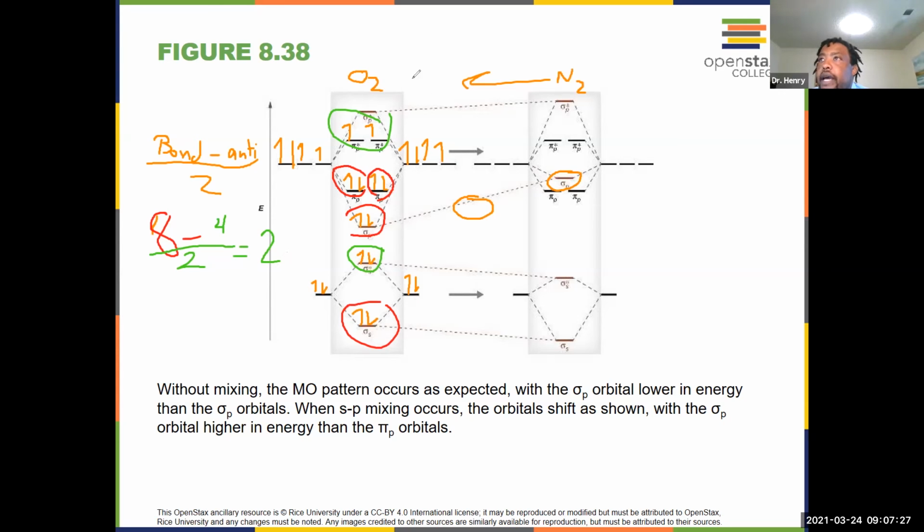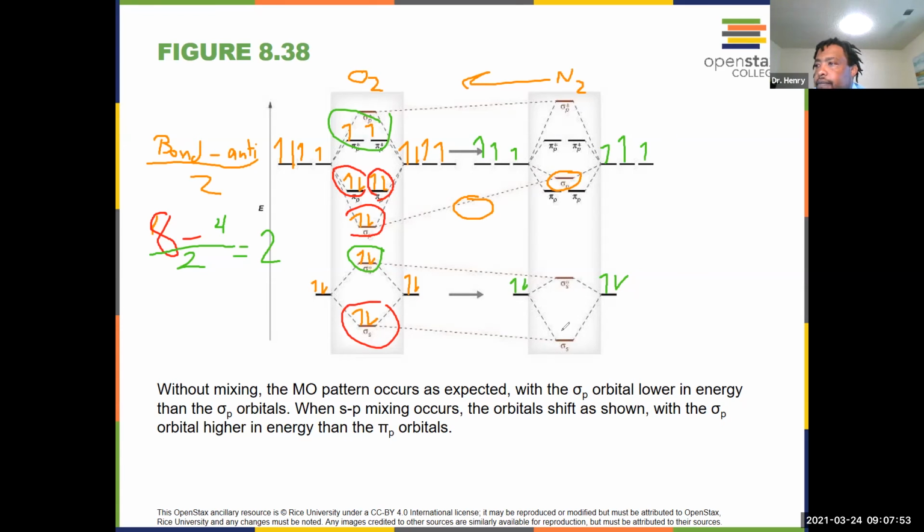Okay, so now nitrogen. Nitrogen uses this scale, not this scale. So in the case of nitrogen, we have 5 valence electrons.